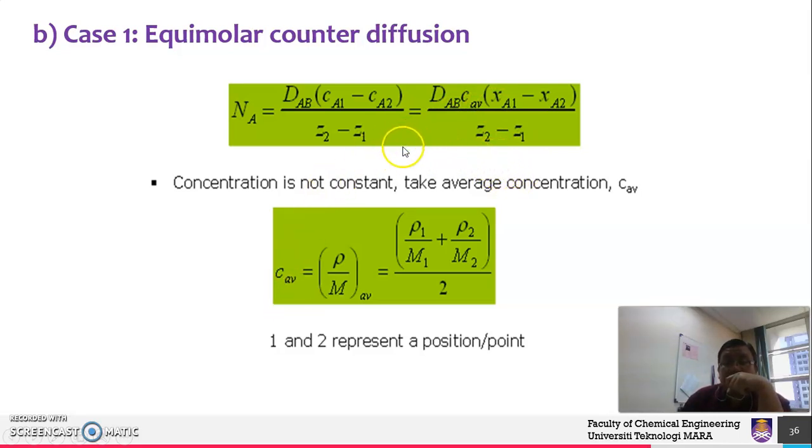But there's one feature here: because the concentration is not constant, we have to introduce what we call C_av, the average concentration. It can be obtained by dividing the density, rho, by the molecular weight at each respective position or point.